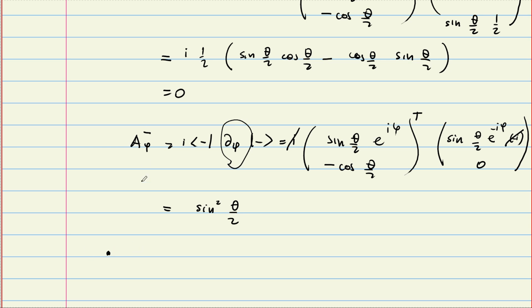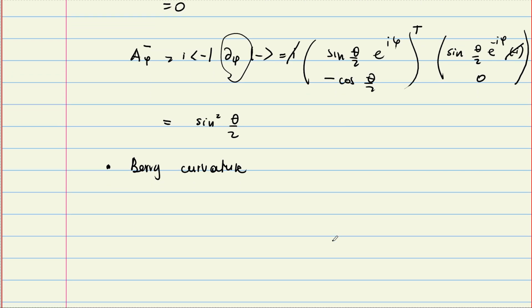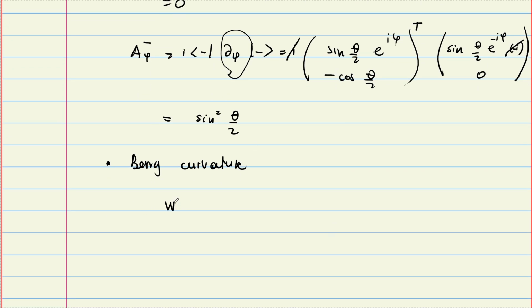Now, okay, we calculate Berry connection, Berry curvature. This omega mu nu becomes theta and phi because there are two indices. That's the only thing we need to calculate, and it's going to be equal to del theta A minus phi minus del phi A minus theta.